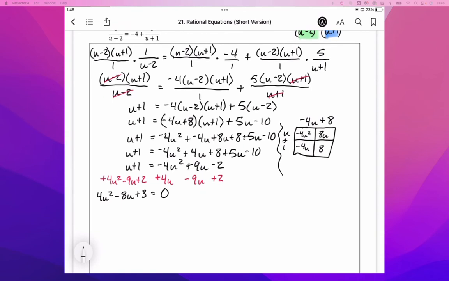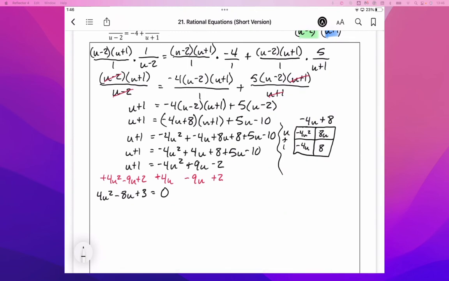If you did leave it with a negative 4u squared and kept that term negative, you can still find a solution. It just gets, to me, a little bit more difficult just because I have more stuff to worry about. And so the AC method, 4 times 3 is 12. So factors of 12 are 1 and 12, 2 and 6, and 3 and 4.